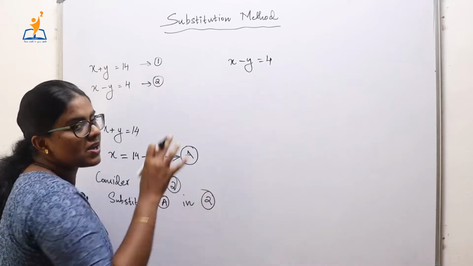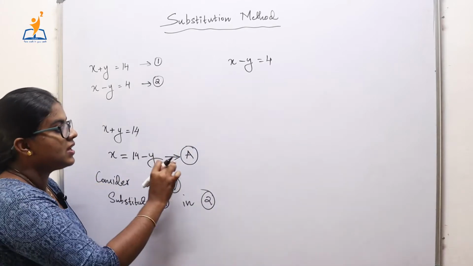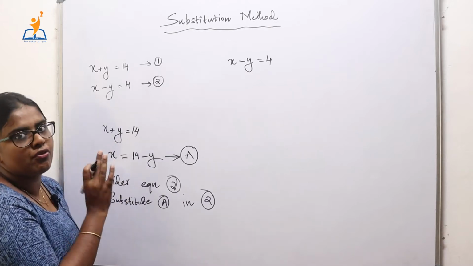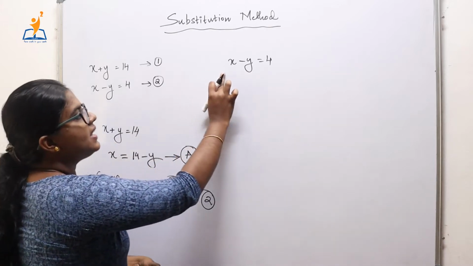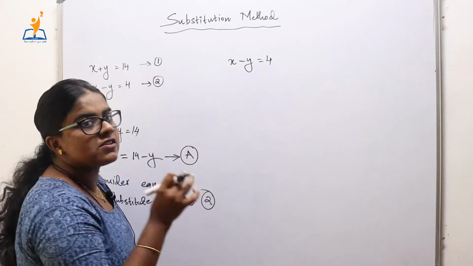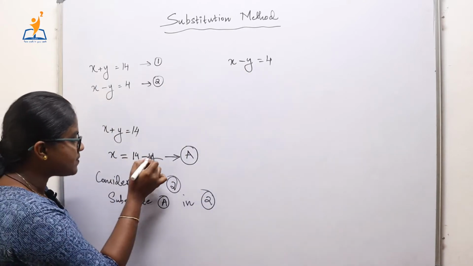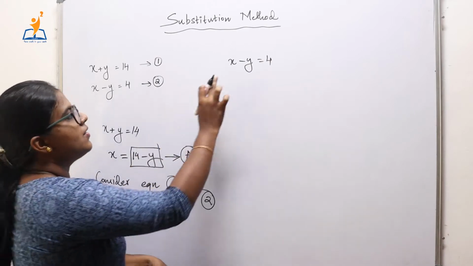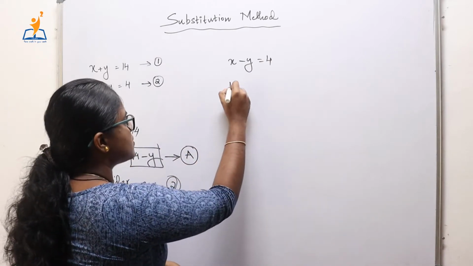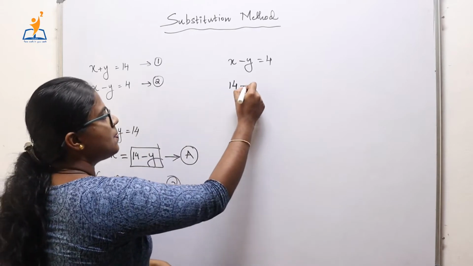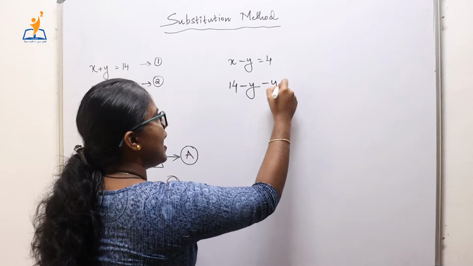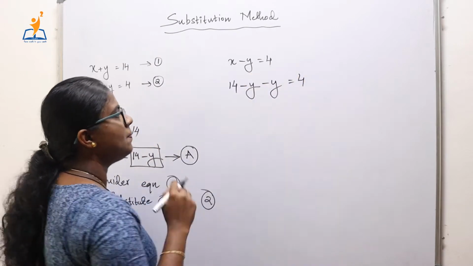And in this equation, in the place of x, I am going to substitute x equal to 14 minus y. So instead of x, I substitute 14 minus y, and again minus y from here, equals 4.